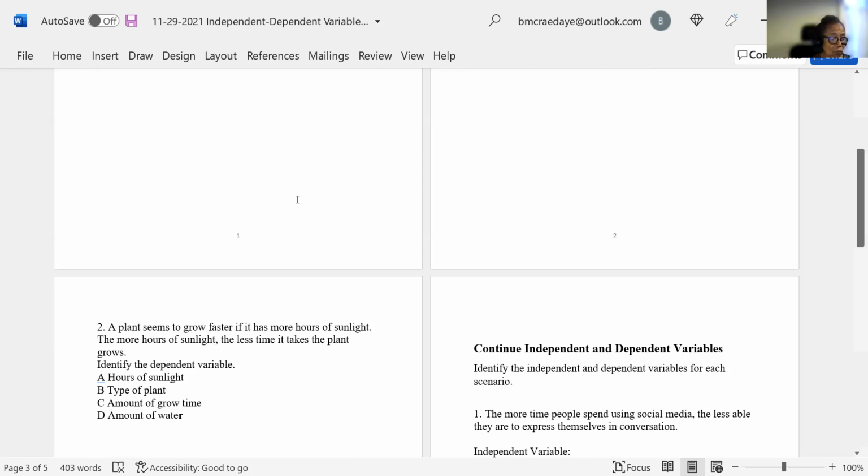The amount of growth time is dependent upon the hours of sunlight, right? So the dependent variable would be C. The amount of growth time is dependent upon the hours of sunlight, because it says what?